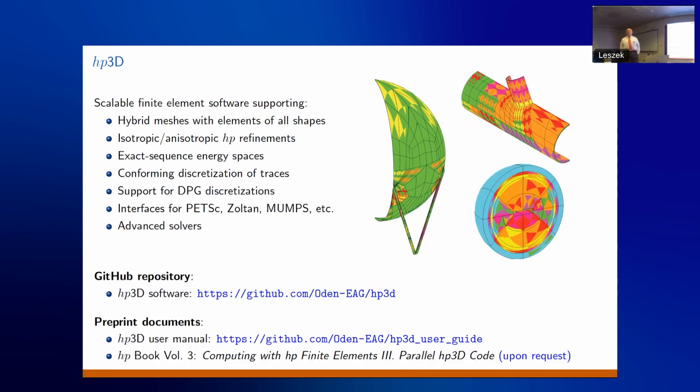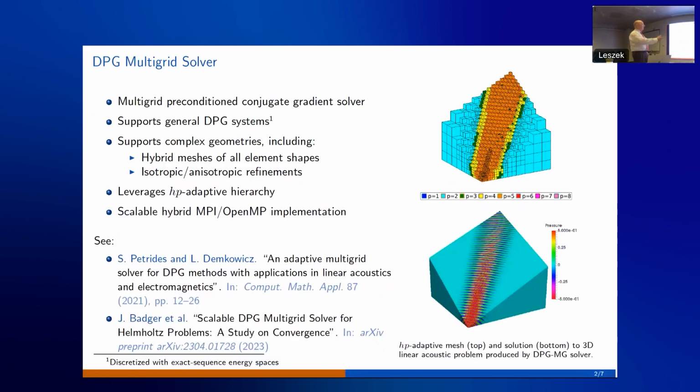So that's the code I've been building for 30 years. We're looking at the fifth incarnation of that. These pictures are from the fourth version, and the books that we have published, right? And then this is the work of Socrates and the more recent work of Jacob Badger, right?